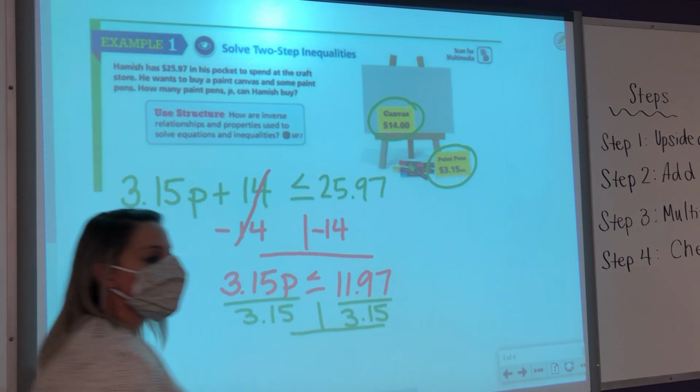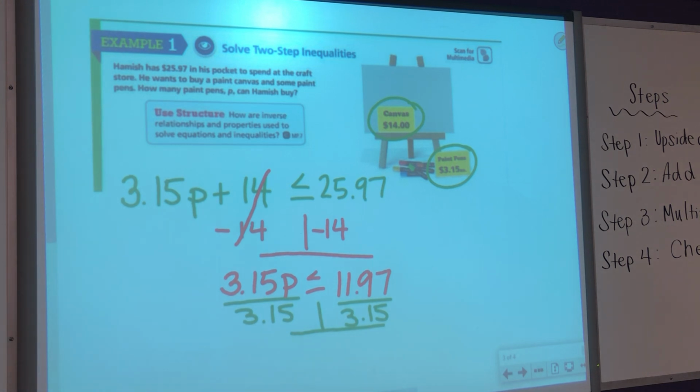Do you want to divide $11.97 by $3.15 by hand? Heck no. I don't want to do long division this early in the morning. And that's okay. So $11.97 divided by $3.15 is 3.8.